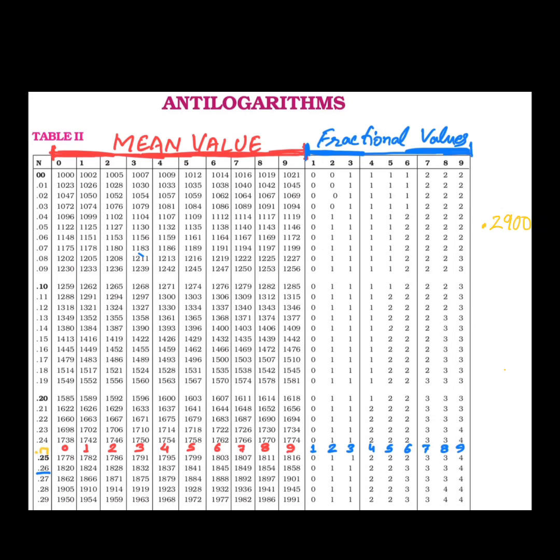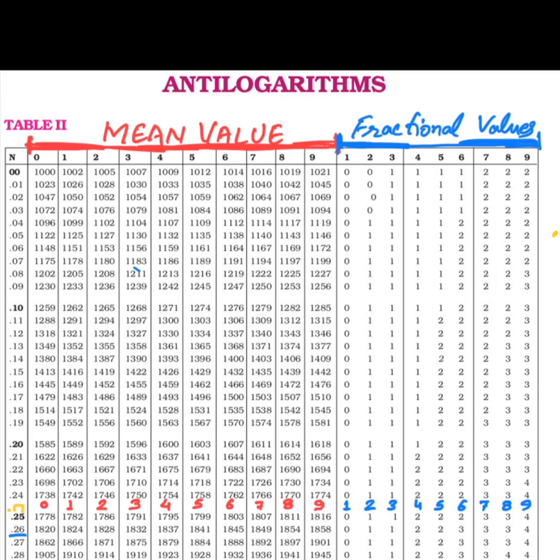So this is decimal 0.29. This is the anti-logarithmic table, as you can see here, in which the two numbers are utilized to locate the particular number in the series.